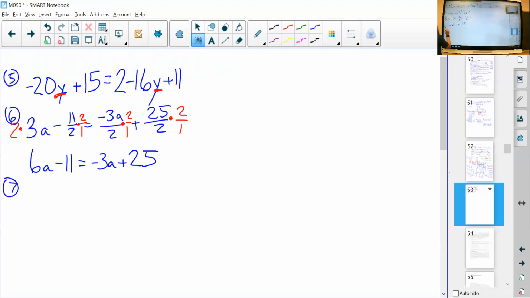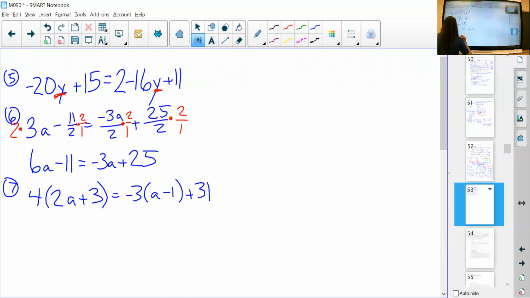Example 7, we have 4 times 2a plus 3, so this looks a little different, equals negative 3a minus 1 plus 31. So now we've got something that looks like distributing here. Looks like it's distributing because it is distributing, right?